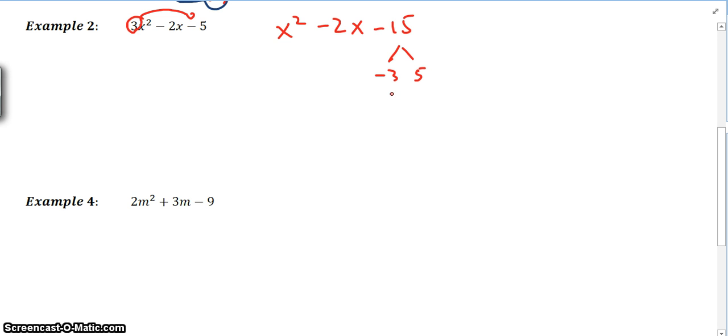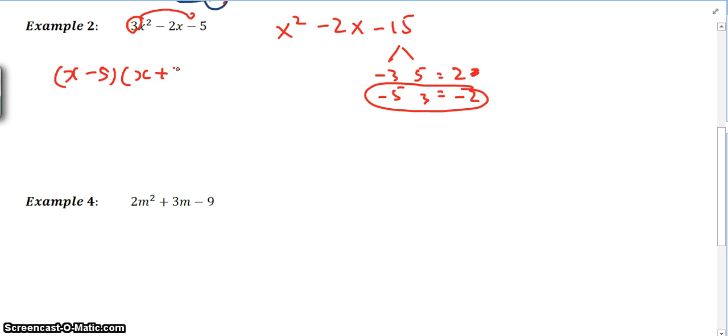Minus 3 and 5, minus 5 and 3. I'm going to stop there because I know one of these will hit it. So this becomes 2, and this is minus 2. So the pair factors that we want to use are the ones right here. So I'm going to rewrite this as x minus 5 and x plus 3.